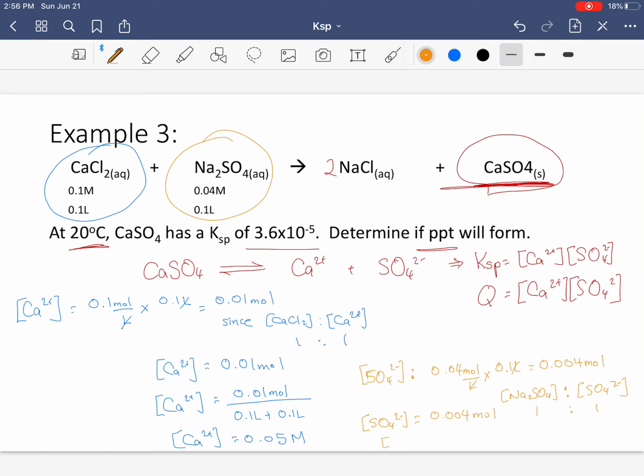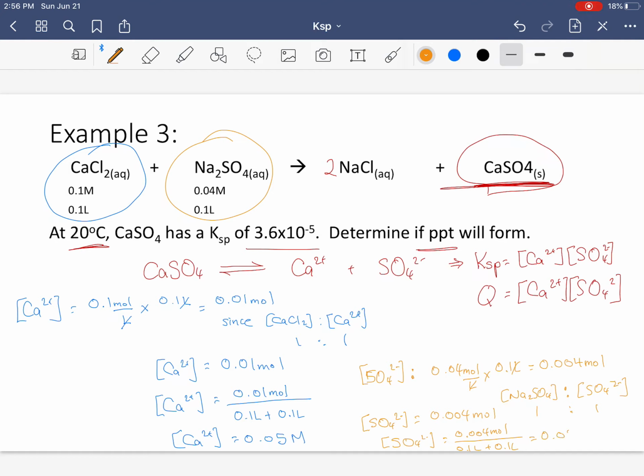Okay, so we're going to do the same thing. SO4 2- is 0.004 moles divided by total volume, so that's 0.1 liter plus 0.1 liter. Okay, so that will be 0.02 molar.